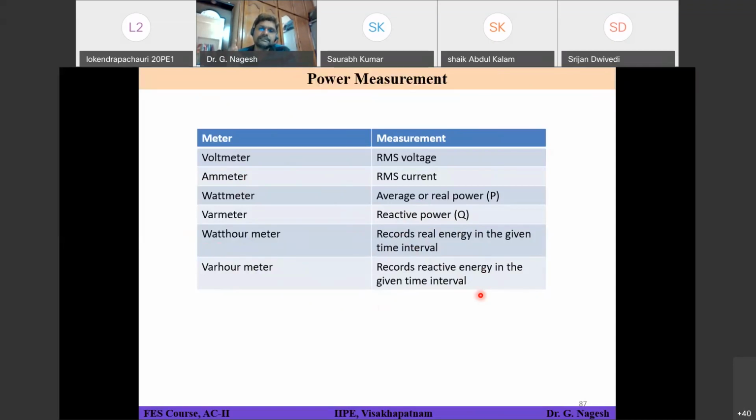Let's say you have two fans on in your house, the speed will be, let's say, x revolutions per second or whatever it may be. Now if you switch off your fans, the speed of that rotating part should come down because you are consuming less power. So accordingly the speed of that rotating part will vary.